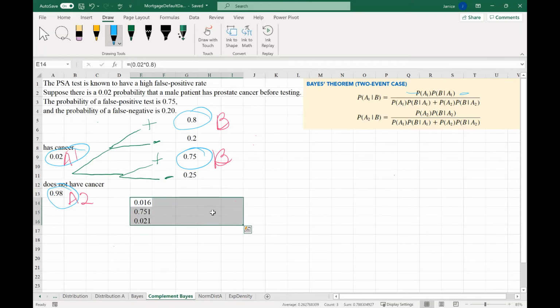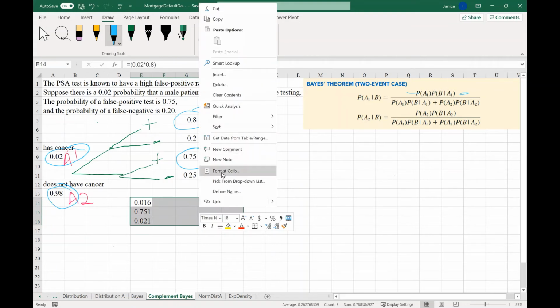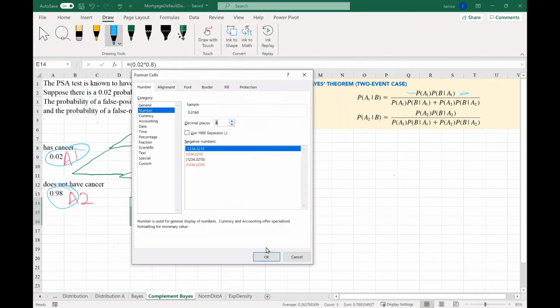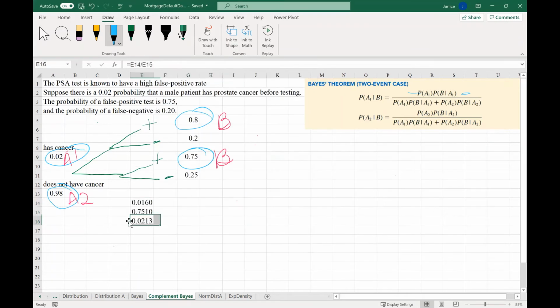And this is supposed to be 4 digits according to the assignment, so let me knock it up to, there we go. So our probability of A1 occurring with B equals... I know the symbol for that is on here somewhere.